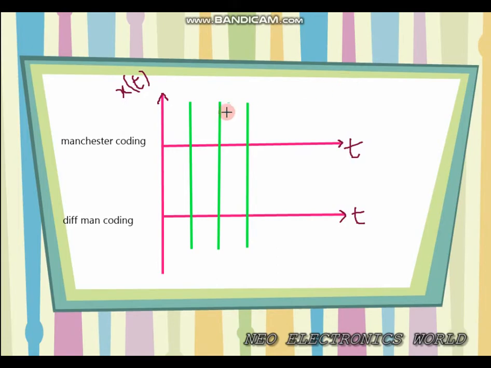Let's look at Manchester coding. This is a very important portion because Manchester coding has been asked in 3 or 4 years of previous question papers. For Manchester coding, let the code be 1, 0 and 1. This is the previous code, and another one should be there for explanation.